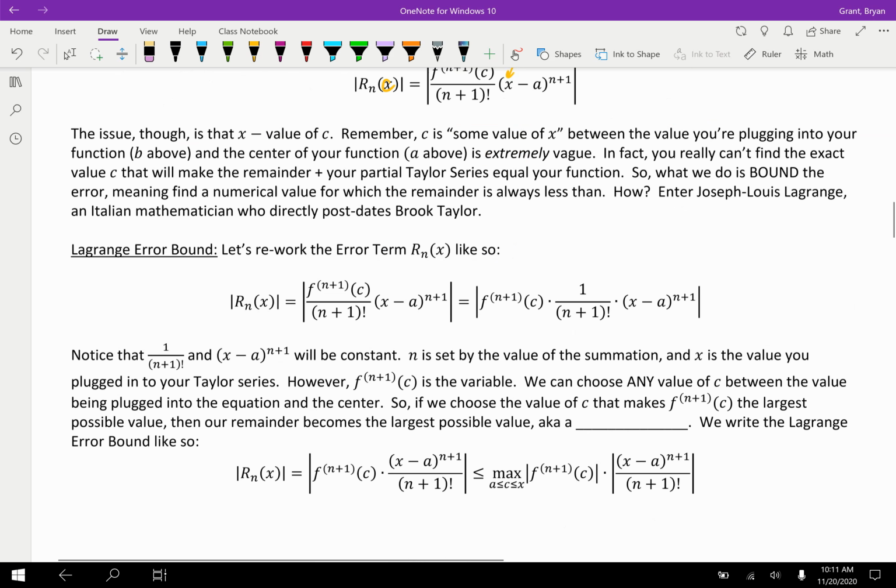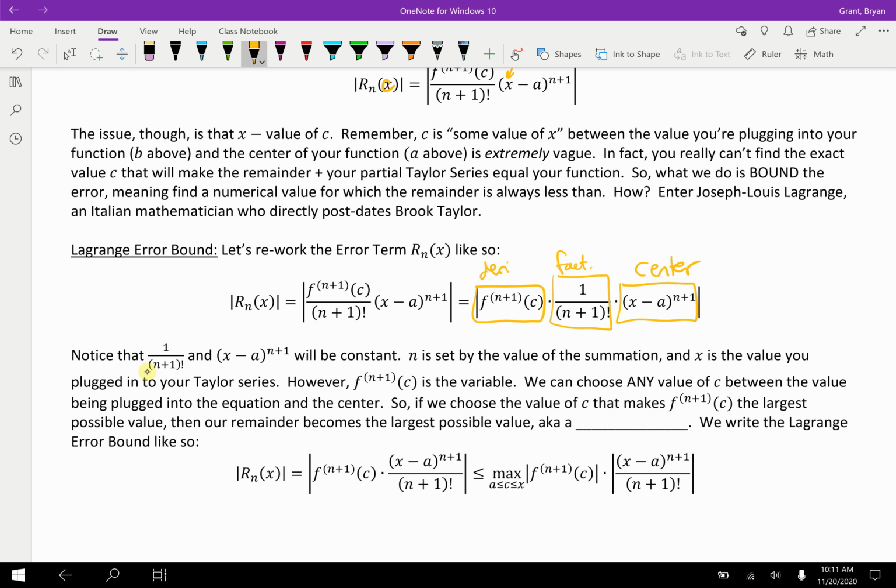And so what we're going to do is think of this as still our general term in a Taylor series, nothing bad, right? Derivative over a factorial times the center. Okay? And what we're going to do is look at this in three parts, right? We have the derivative, we have the factorial, and we have, of course, the center. Okay?